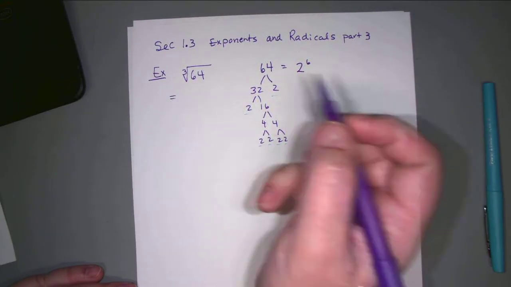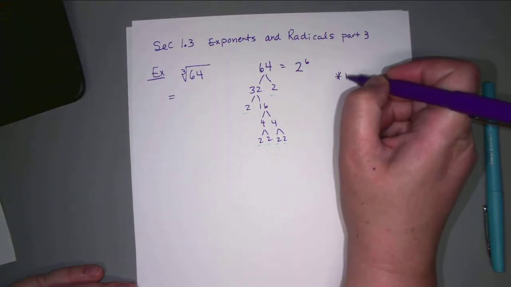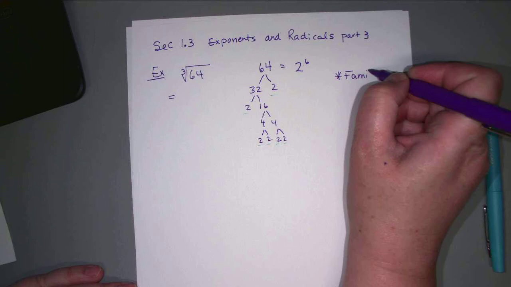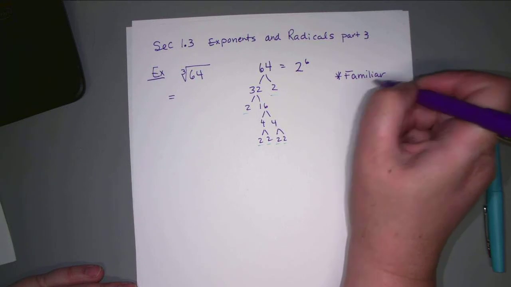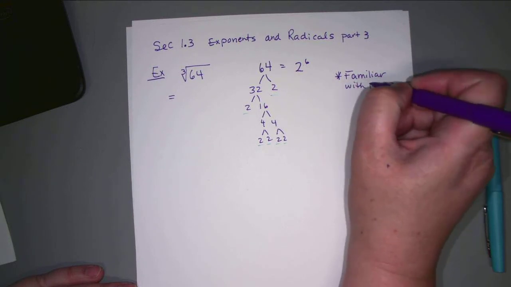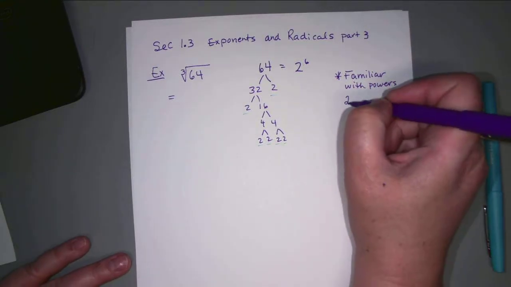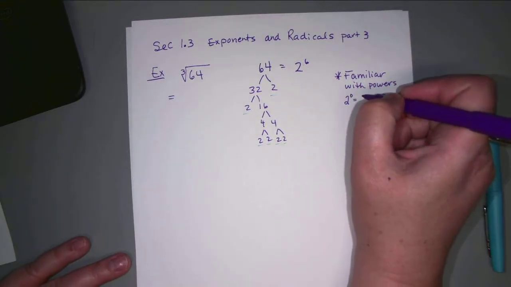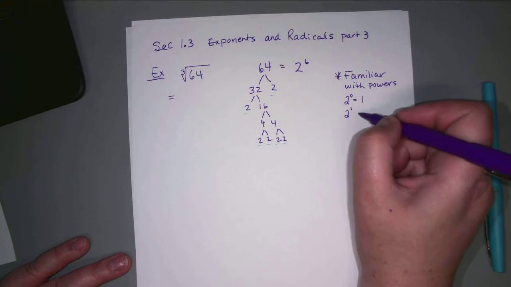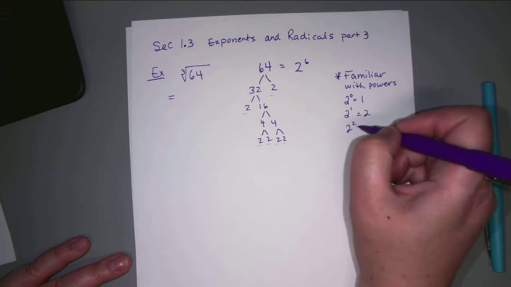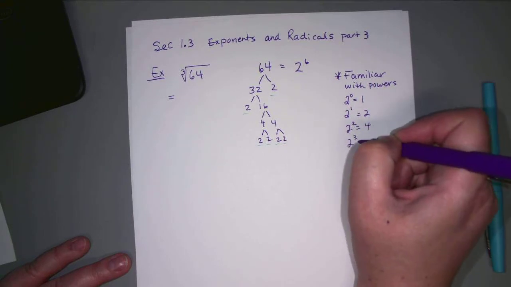So you should be familiar with the powers of 2. That will help you later when we do logs. So what I mean by that is 2 to the 0 is 1, 2 to the 1 is 2, 2 squared is 4, 2 cubed is 8.